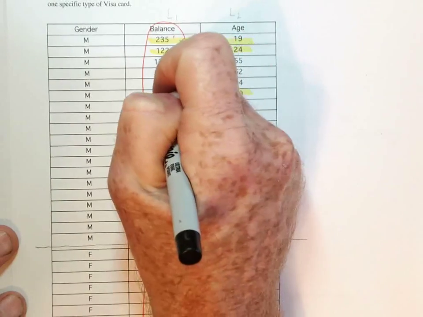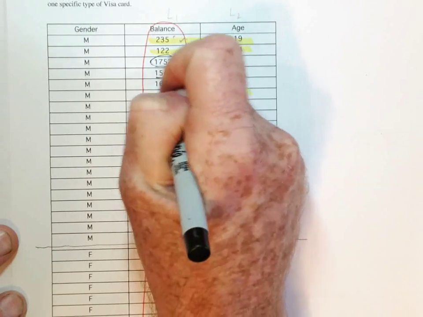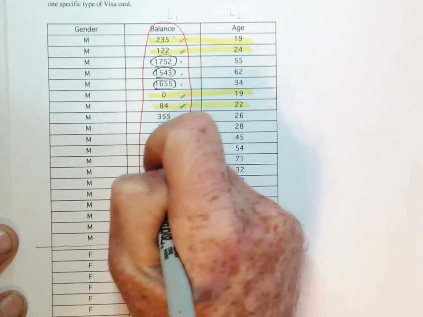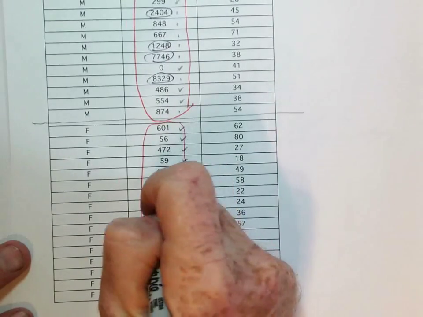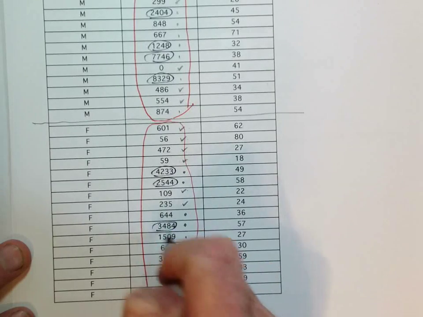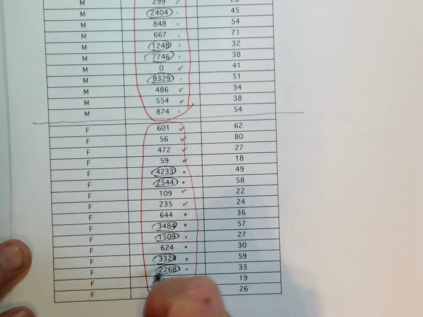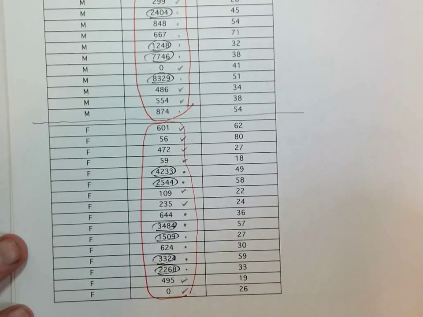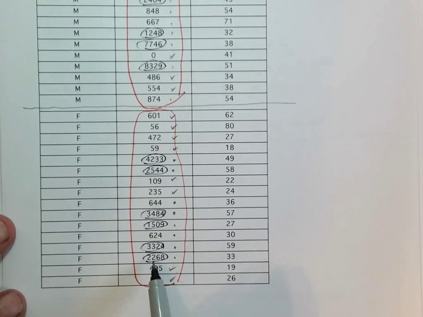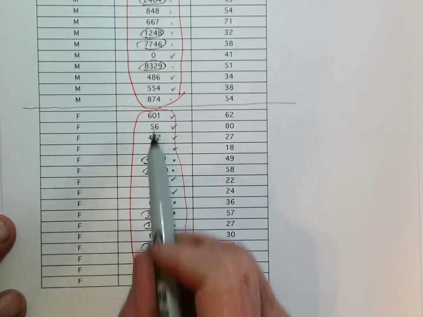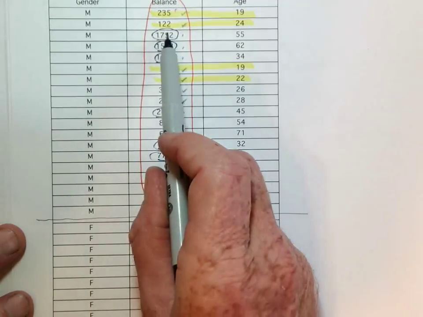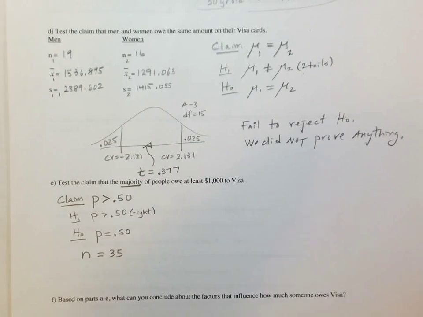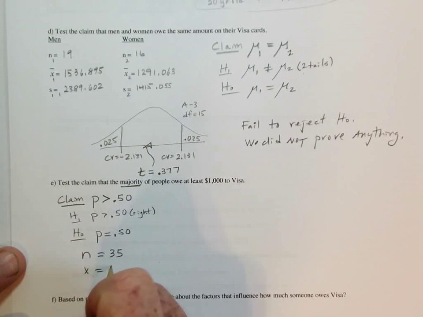I'll circle them. 1, 2, 3, 4, 5, 6, 7, 8, 9, 10, 11, 12, 13. Let me just double check. 1, 2, 3, 4, 5, 6, 7, 8, 9, 10, 11, 12, 13. So that would be x equals 13.